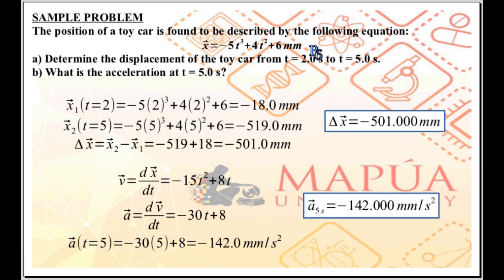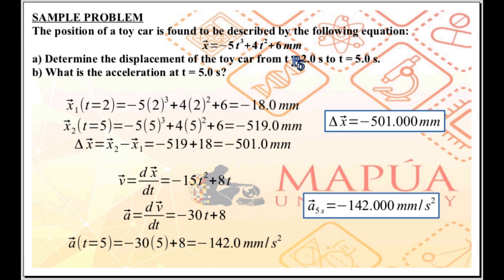You are provided with the equation of x. We need to get the equation for a. To get the equation of a, we need to differentiate the velocity equation. To get the velocity equation, we need to differentiate the equation for x.